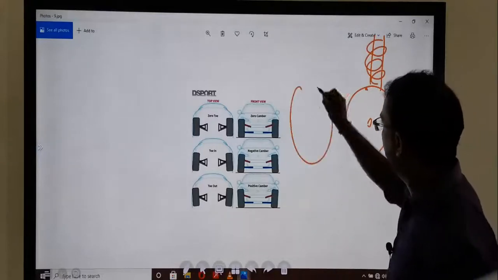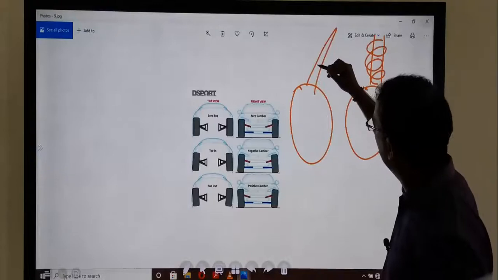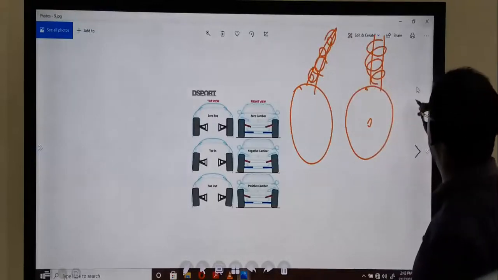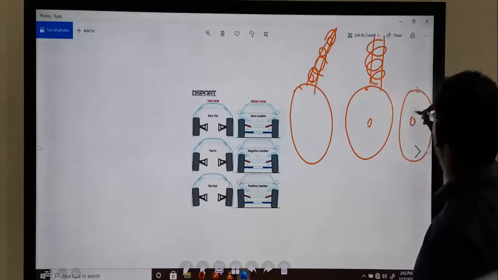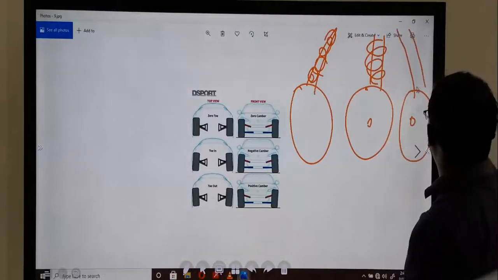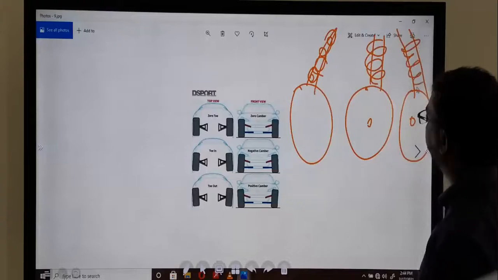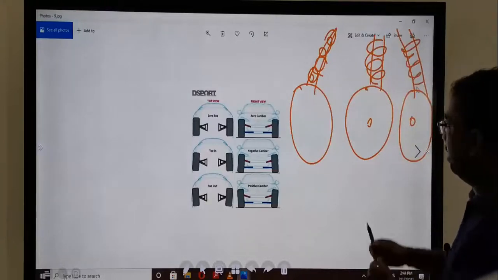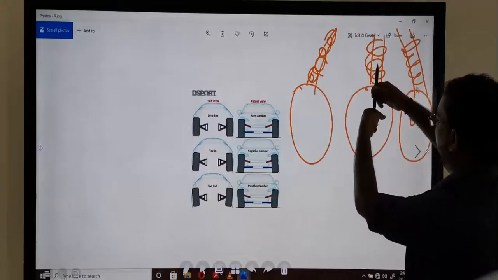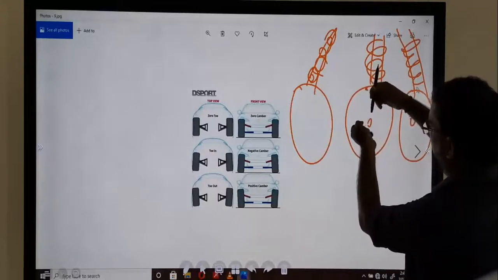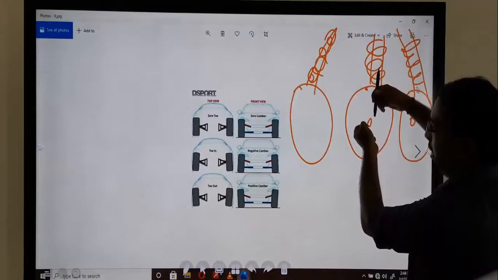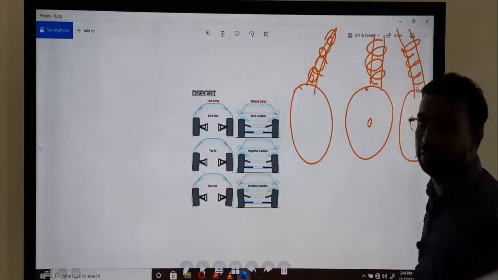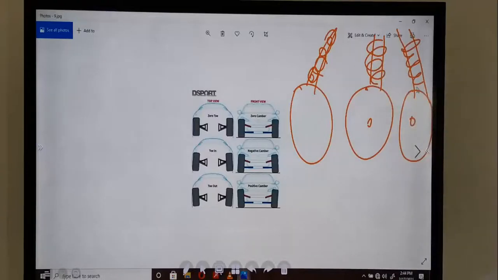Sometimes the shock absorber may move like this, so the wheel is going to move frontwards. That's called negative caster. If it moves inside, that means positive caster. You can search the internet and find this clearly.